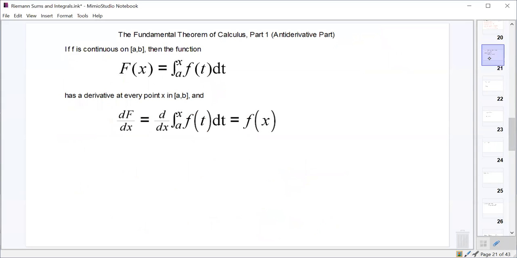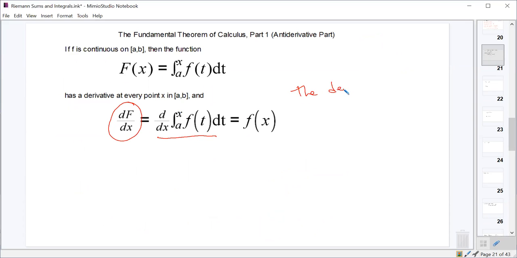The first part of the fundamental theorem of calculus says that the derivative of the integral of a function from a constant to x is just the function. So I'm gonna write that off to the side.